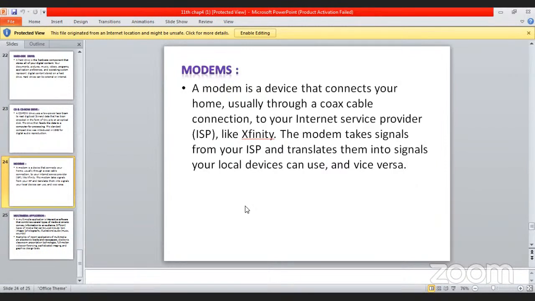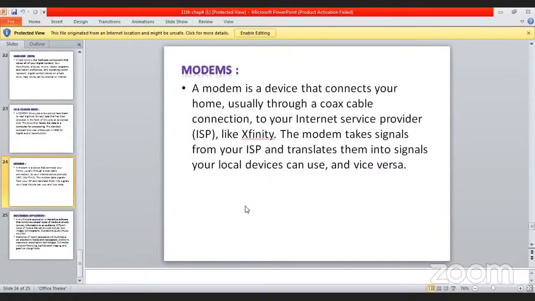Modem means what? It is a device that connects our home, usually through a coax cable means the coaxial cable connection, to our internet service provider, ISP like Xfinity. So the modem takes a signal from the ISP and translates it into a signal our local device can use, and vice versa.